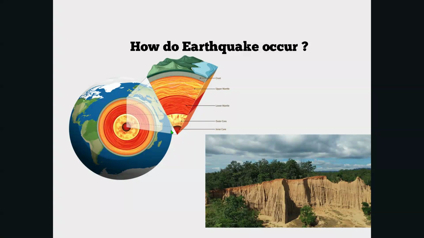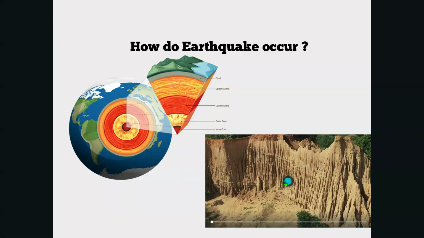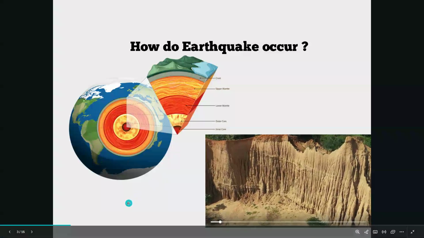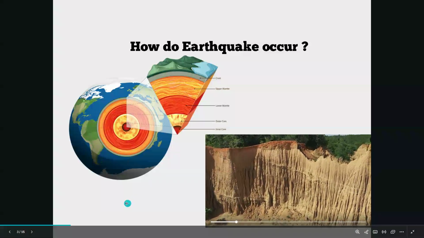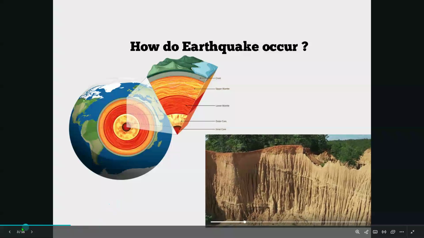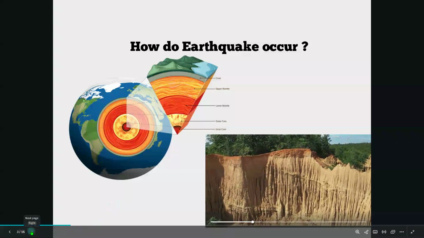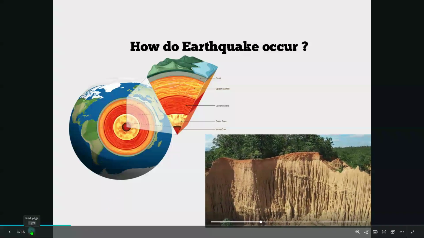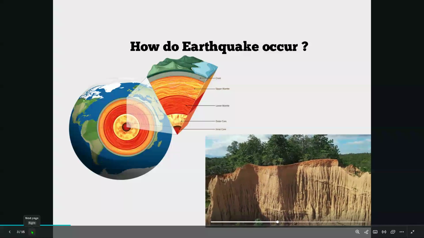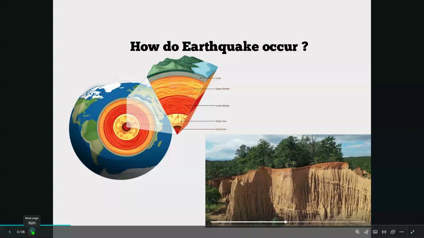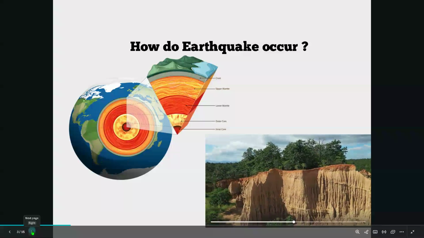So due to compressional forces, it cannot stay inside and it will start giving movements. So when it gives movement inside the earth, it will not stay at one place. So the molten rock will try to come out. You will find in the lower mantle and upper mantle some non-metals also, metals and non-metals.